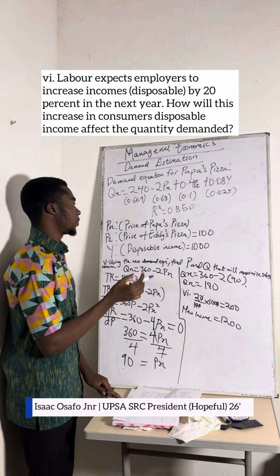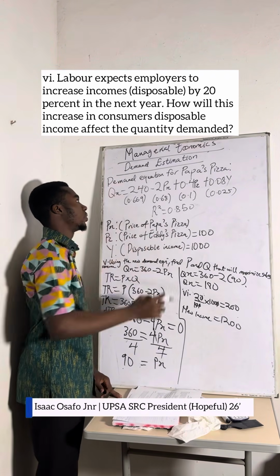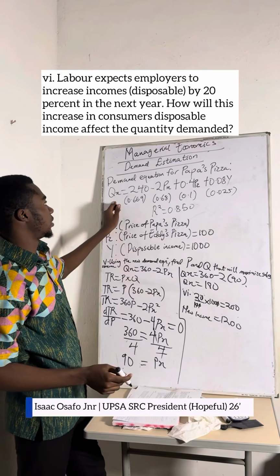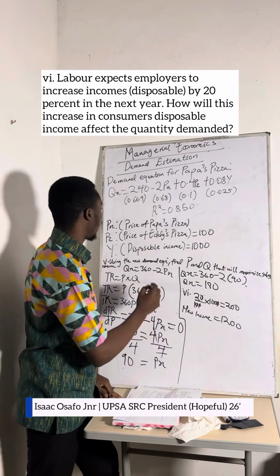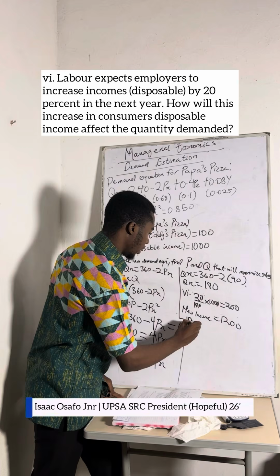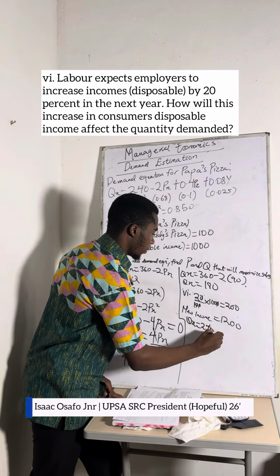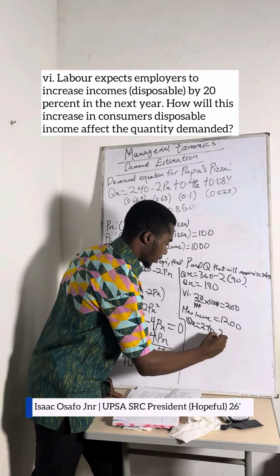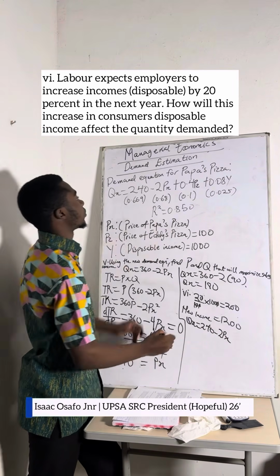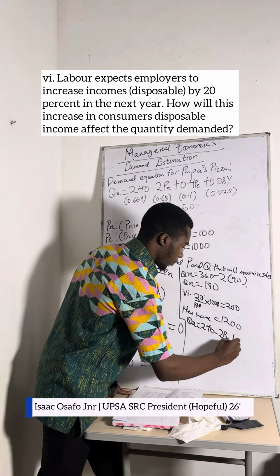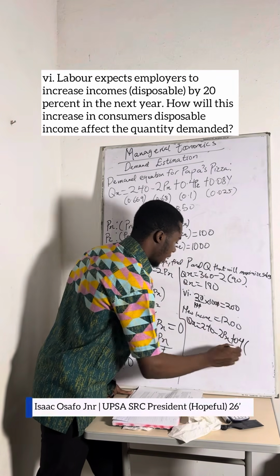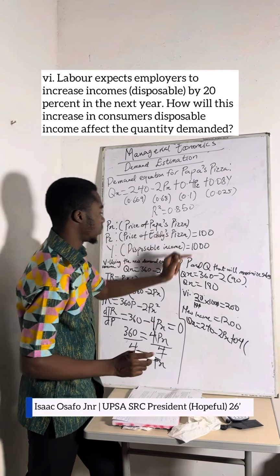So now we are going to substitute all the values back into the demand equation. Do you get it? So we are going to get QDx is equal to 240 minus 2px plus 0.4pz. Our pz, nothing will change, so the pz will still be 100.